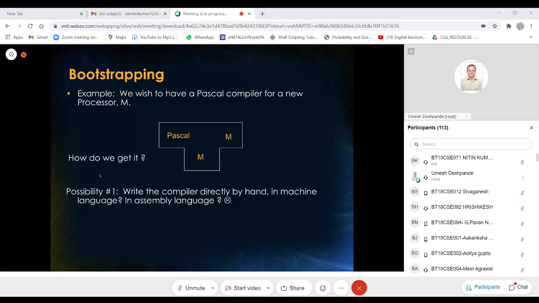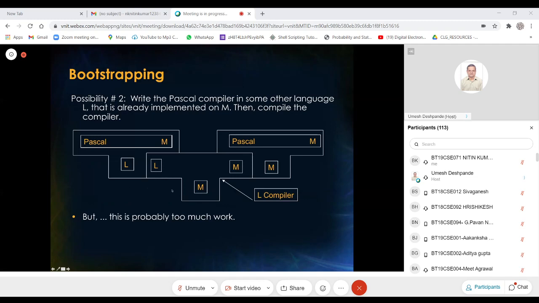Then what are the options? That is what we would now be considering. Let's assume that we already have the support of some other compiler available with us for another language.